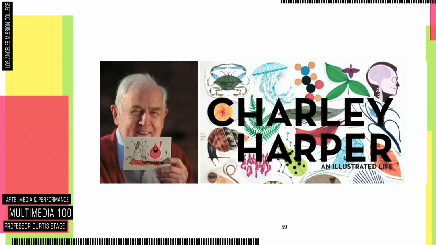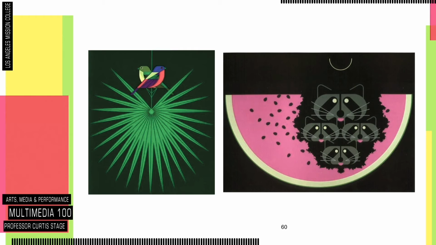Another artist I want to talk about is Charlie Harper. He was well known for his illustrations. He was really excited about using animals and nature, very elemental shapes. What I love about what Charlie Harper was doing was he was taking really simple shapes and creating these by hand.